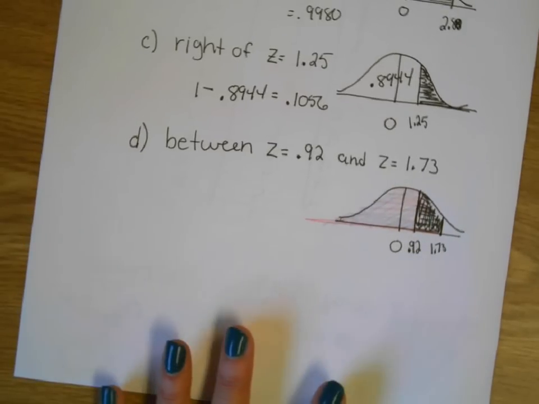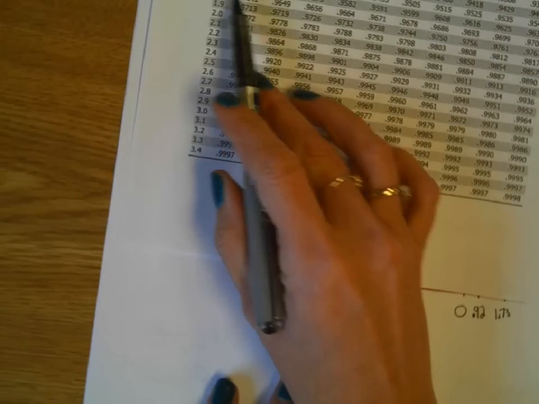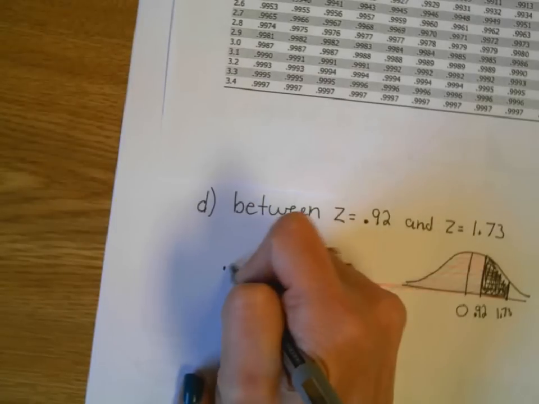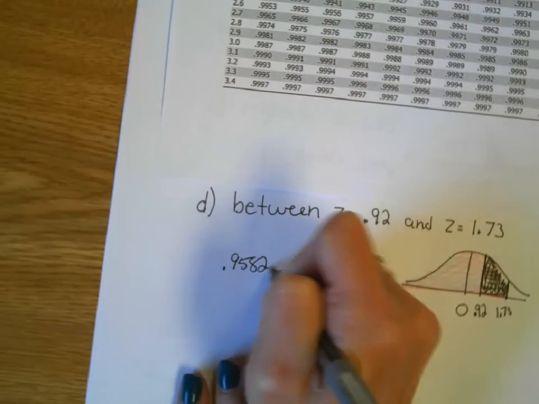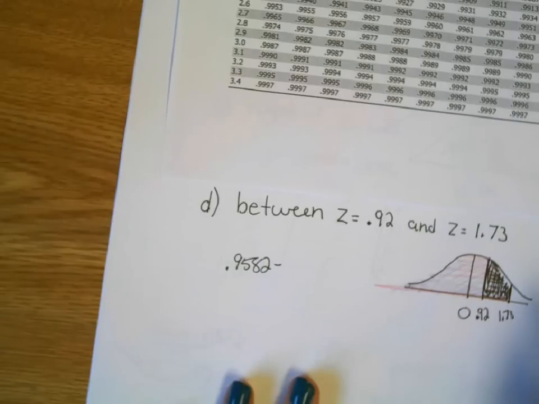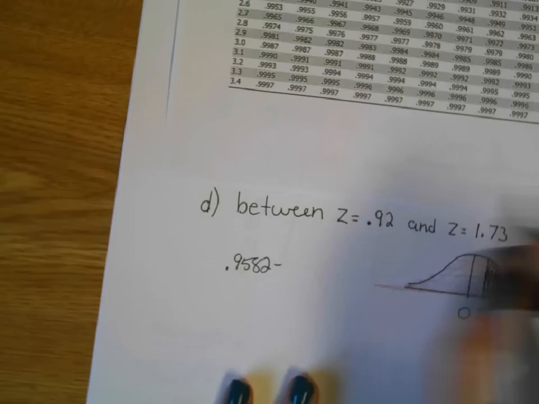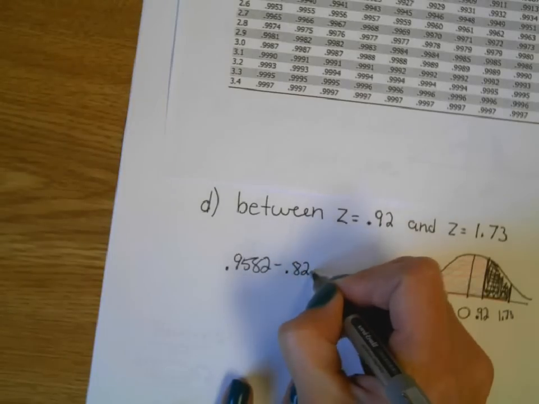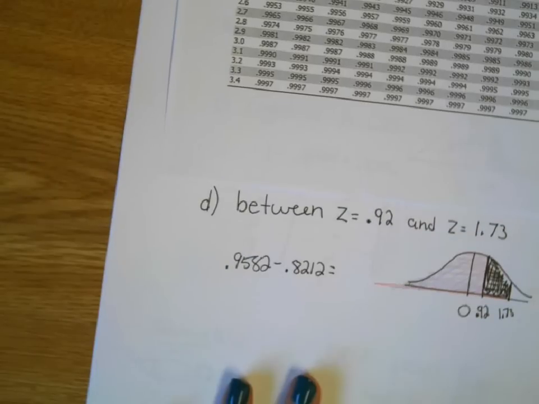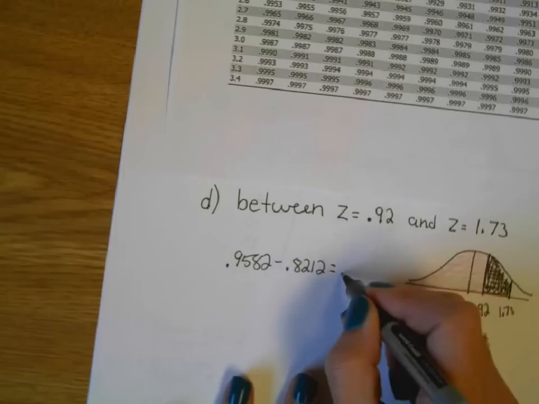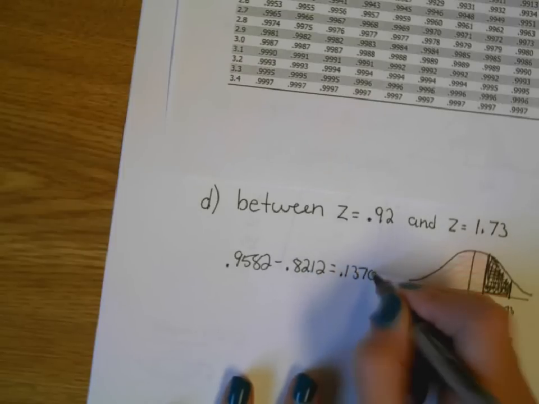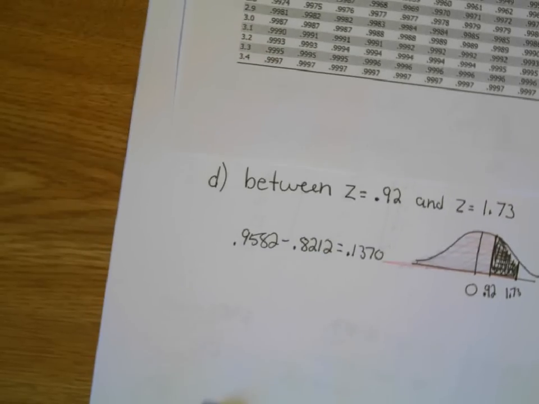So 1.73, what's the area there? 0.9582. And then what's behind 0.92? 0.8212. And then it's just subtract. Okay, so we subtract them, from the larger to the smaller, because that's going to have the most area behind it. The area is always going to stay positive.